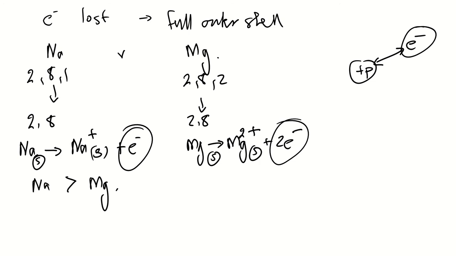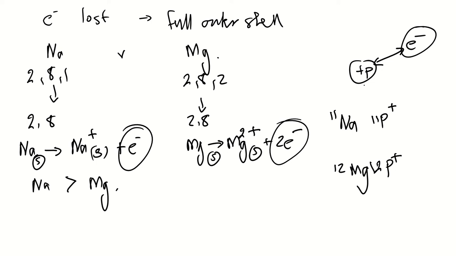Now, if we look at a group 1 and a group 2 metal which are in the same period, for example sodium and magnesium, we know that sodium has an atomic number of 11, magnesium has an atomic number of 12. That simply means that sodium has 11 positive charges in the nucleus, whereas magnesium has 12 positive charges in the nucleus. And that's our first reason for the increased reactivity of sodium.